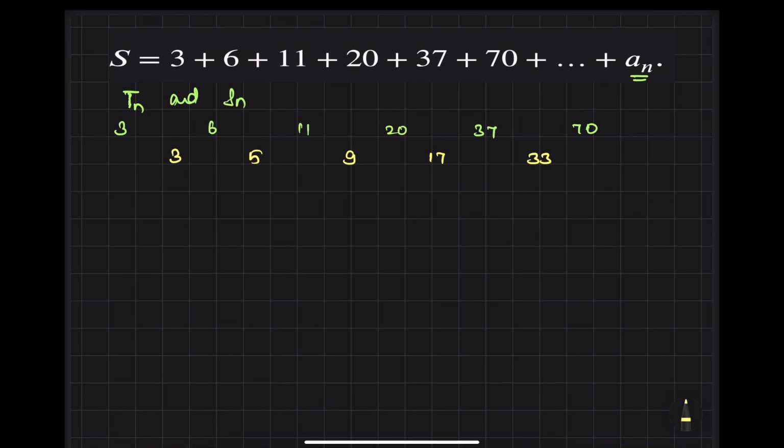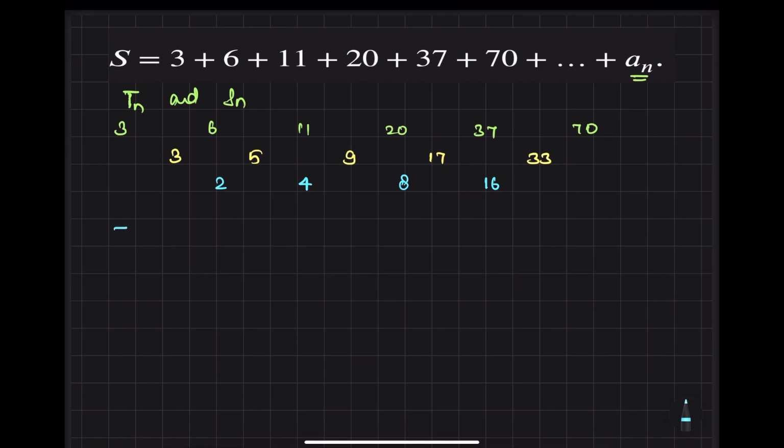Again, we did not get a constant number, nor did we get a GP. So again we'll take the difference. We get 2, 4, 8, 16. If you observe, 2, 4, 8, 16 are in GP.